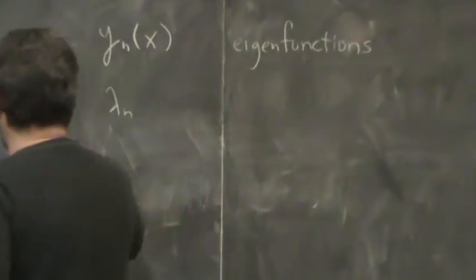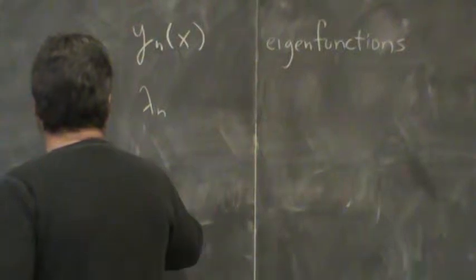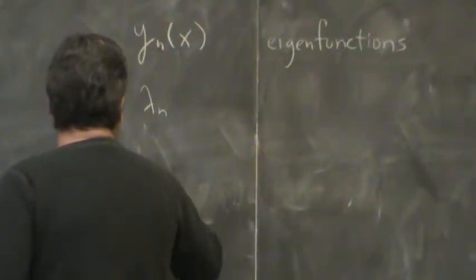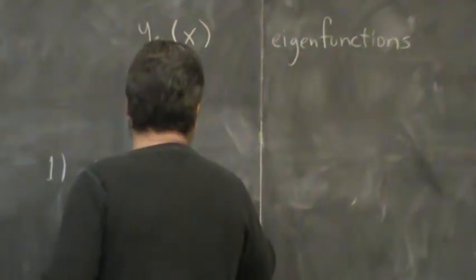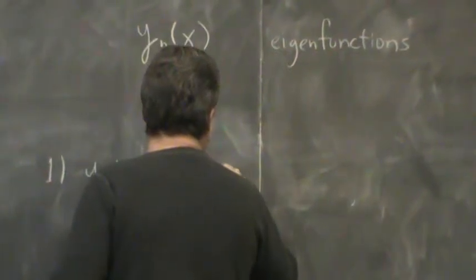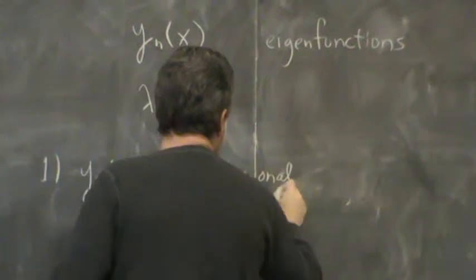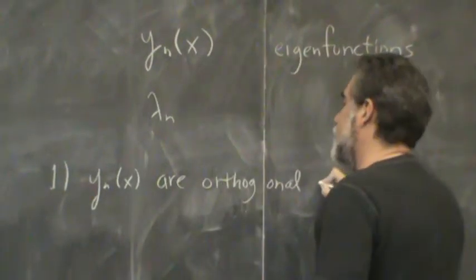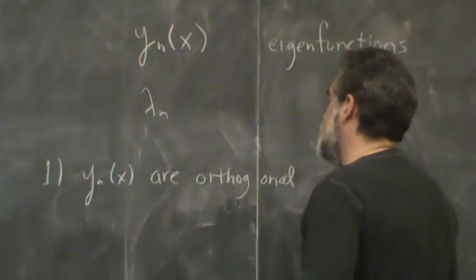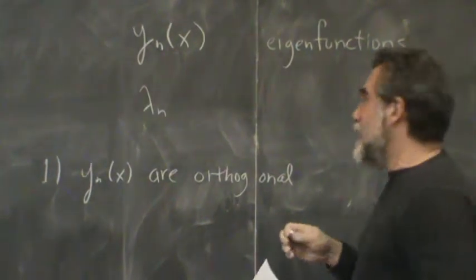One is that the y sub n of x are orthogonal, with a certain weighting function.